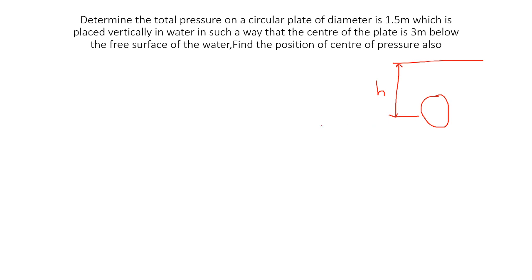Here, how do you find out the h bar? H bar is equal to 3 meters, 3 meters below the free surface. From the surface of the water, this plate is situated 3 meters below. For this, you have to find out the area. You know the diameter, that is 1.5 meters, so area is pi d square by 4. H bar is 3 meters.